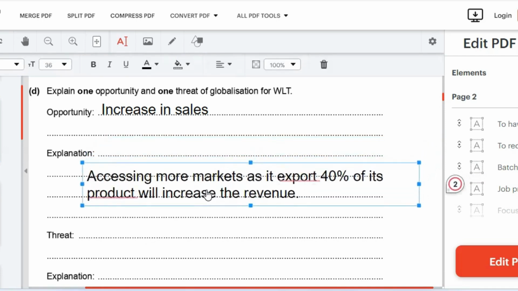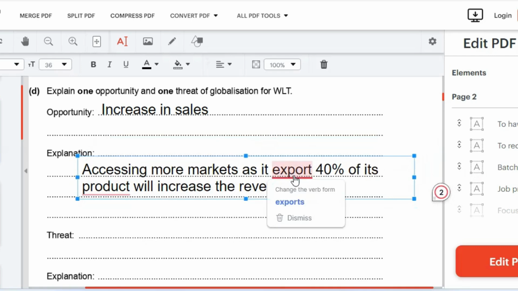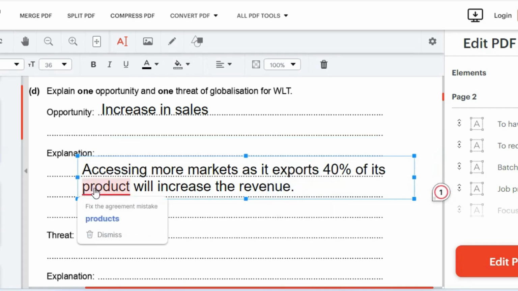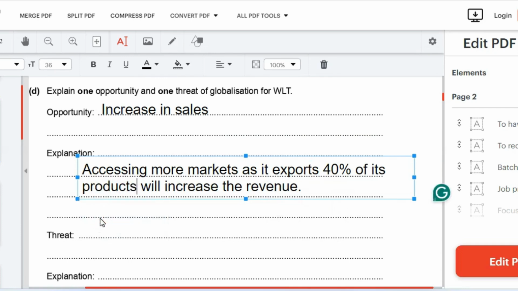Exports. And the products will increase the revenue.